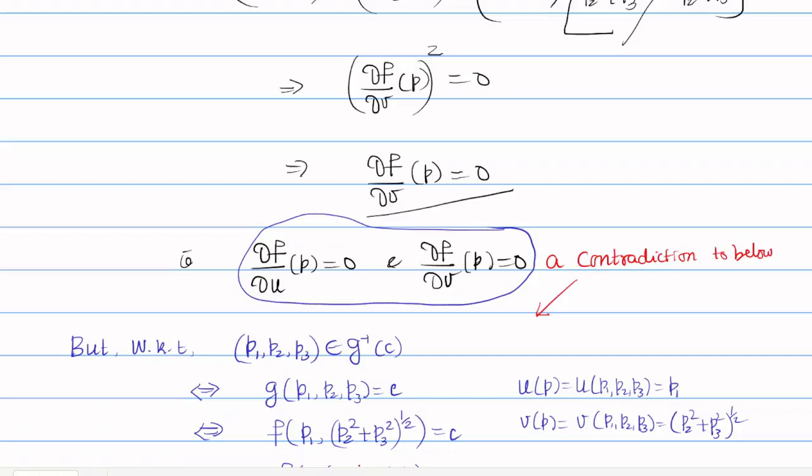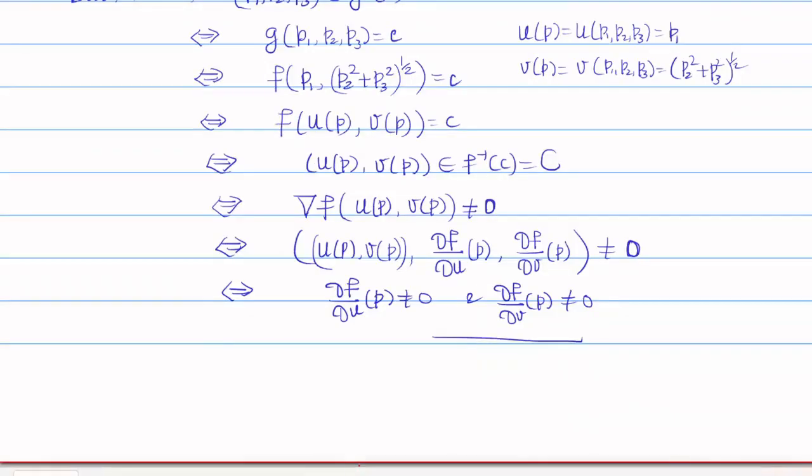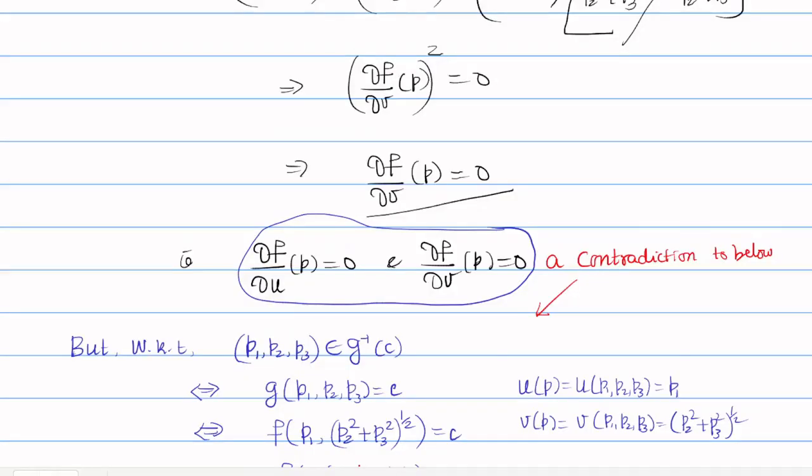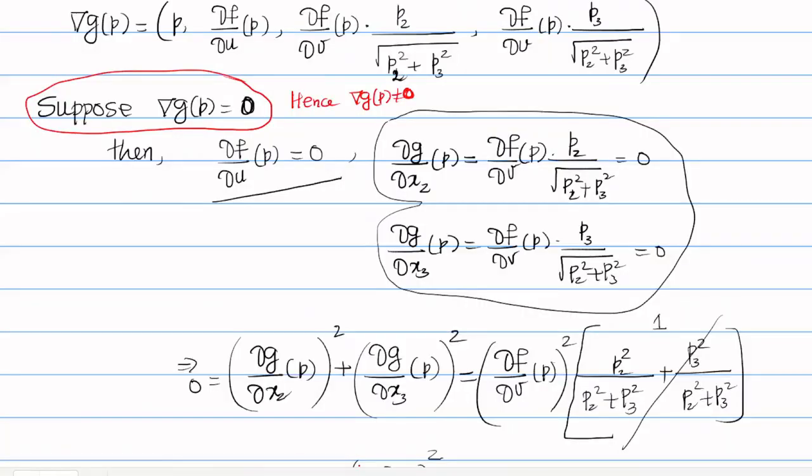இங்க என்ன பண்ணிருக்கேன்? P1, P2, P3 வந்து G inverse of C ல இருந்தால் எனக்கு என்ன தெரியும் அப்படின்னா dou f by dou u at the point p not equal to 0, dou f by dou v at the point p is also not equal to 0 ன்னு கிடைக்கணும். ஆனா எனக்கு இங்க என்ன கிடைச்சிருக்கு? equal to 0 ன்னு கிடைச்சிருக்கு. Hence it is a contradiction. Therefore our assumption is wrong.